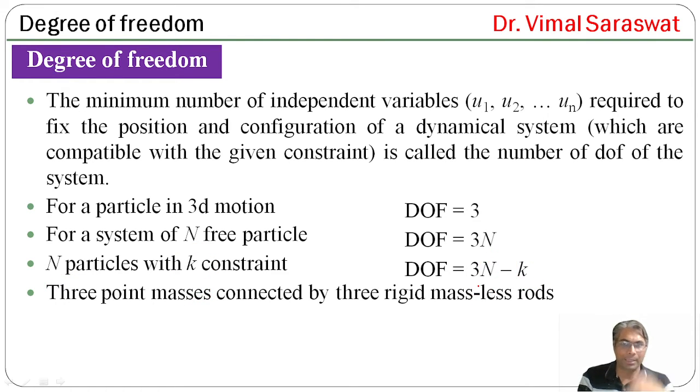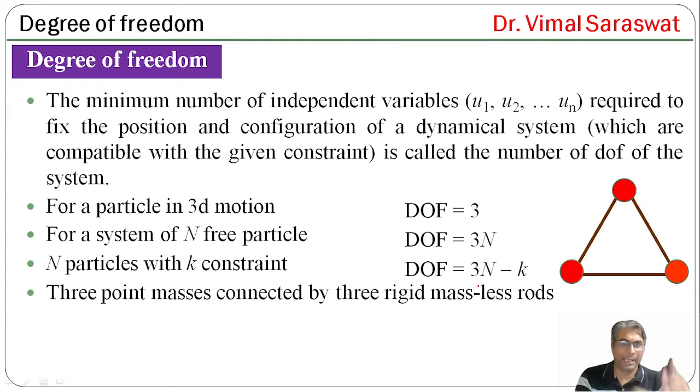Three point masses connected by 3 rigid massless rods are shown here. So 1, 2 and 3. There are 3 point masses, and these point masses are connected with 3 rigid massless rods.